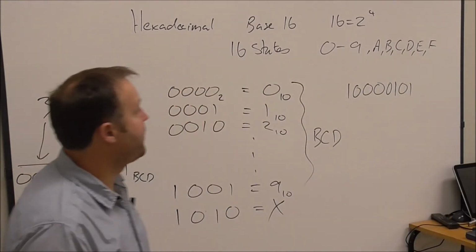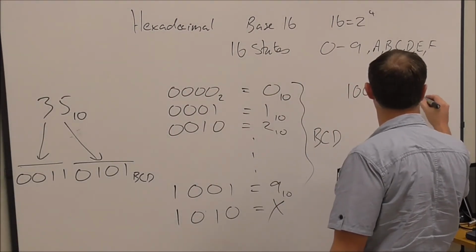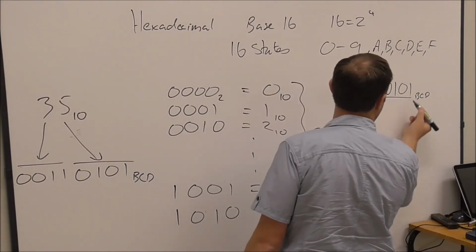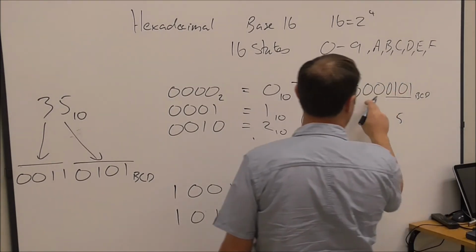So if that was my binary coded decimal value, then I need to convert it by grouping it in groups of 4. That one corresponds with 5. That one corresponds with 8.